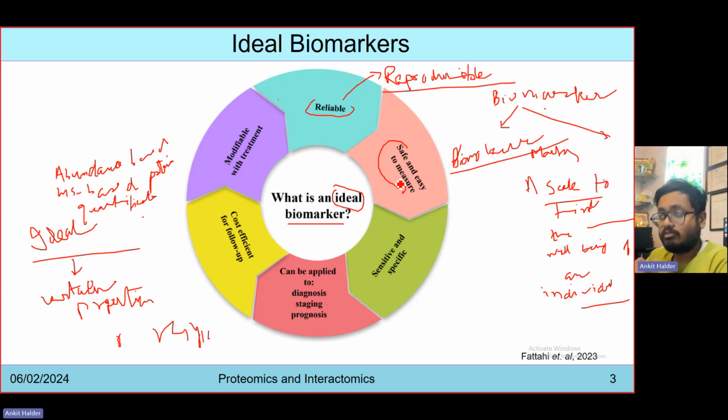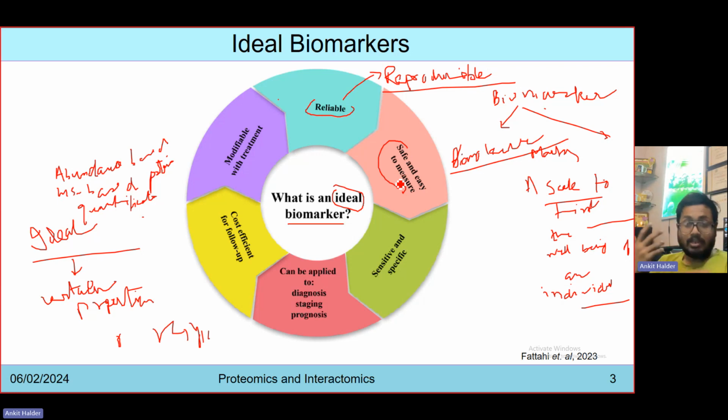That would be very useful. Puncturing and taking out any biospecimen also poses many risks and threats, specifically if hygiene conditions are not well maintained in a hospital. So it should be safe and easy to measure.